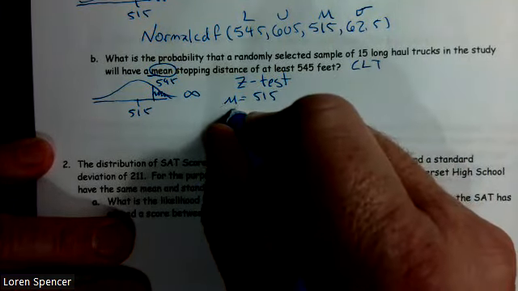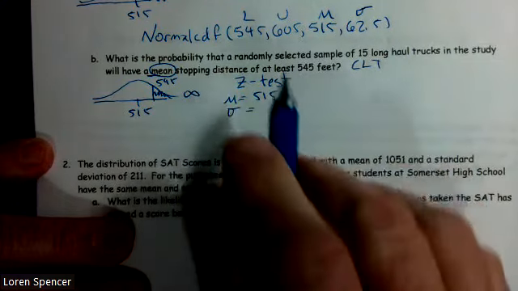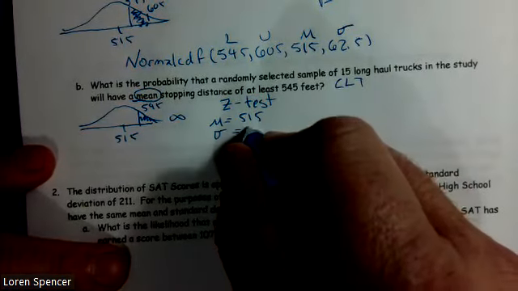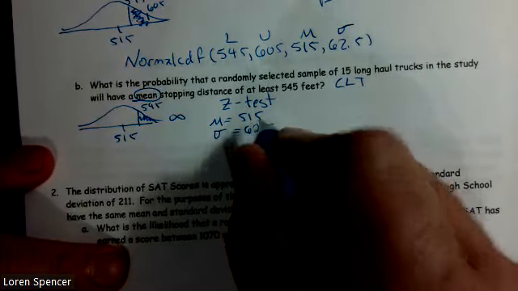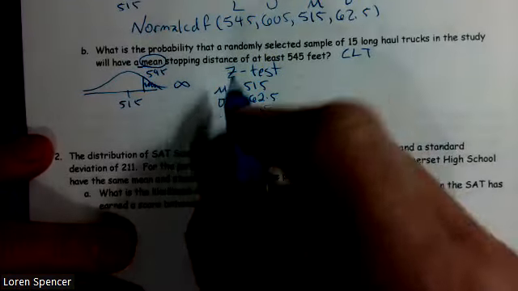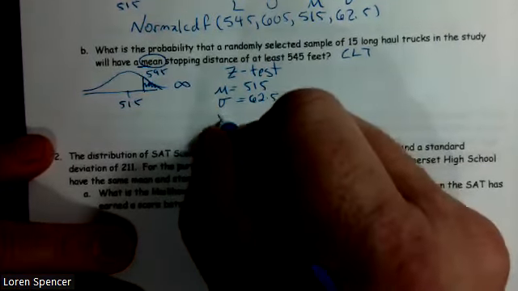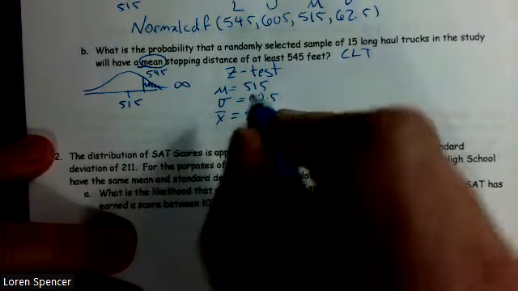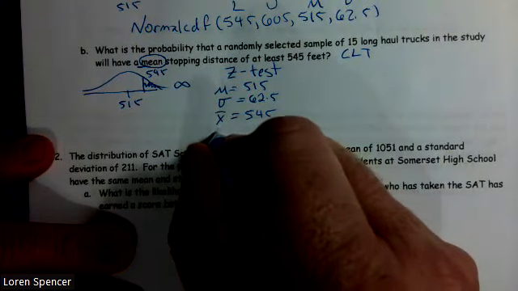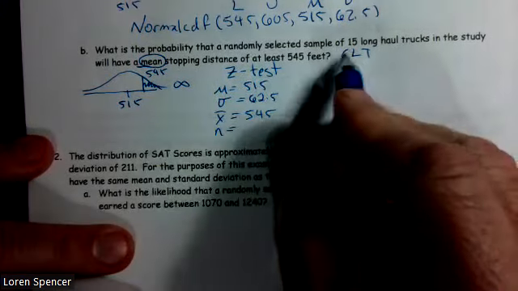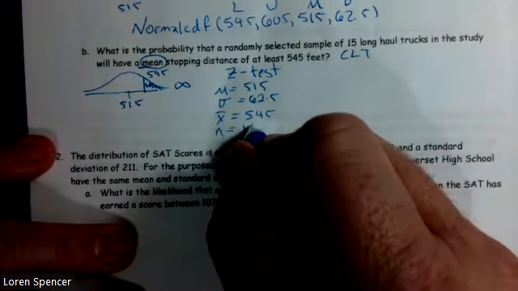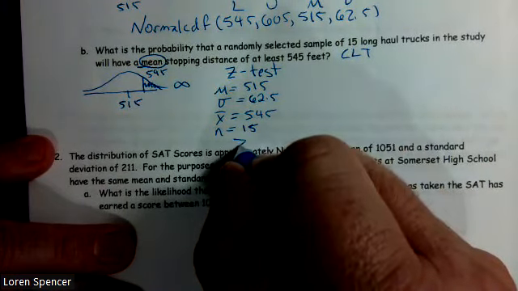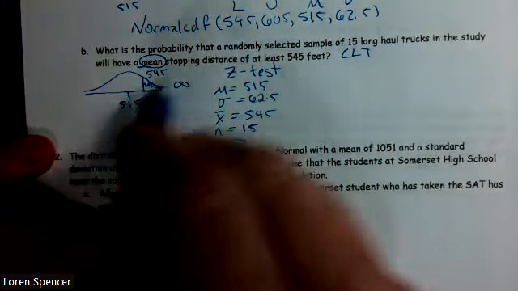It's going to ask us for the standard deviation of the population, which we said was 62.5, so that hasn't changed. It's going to ask for our X bar, which is 545, and then our sample size, which is 15, and we need the greater than sign. So that's the work that we need to show.